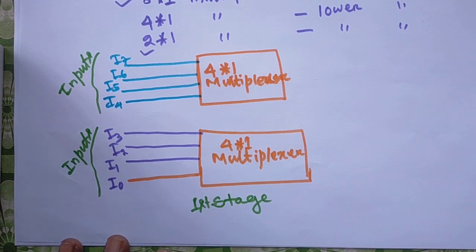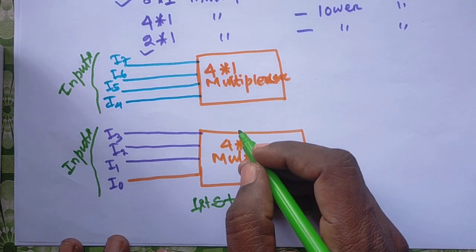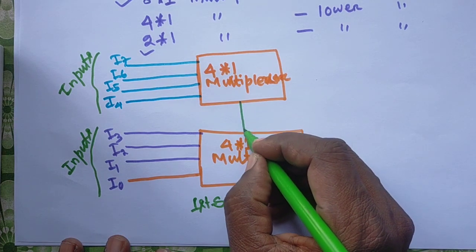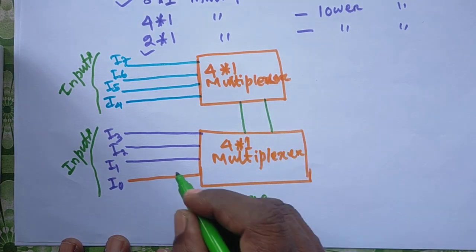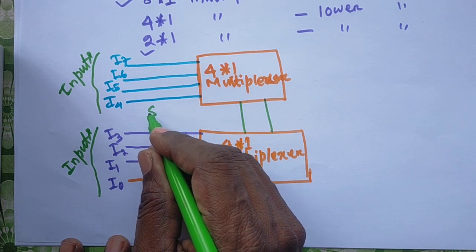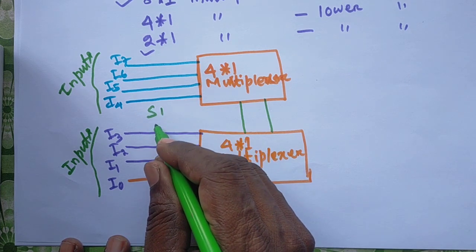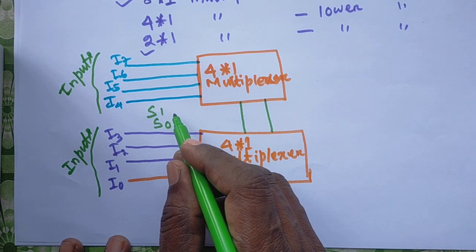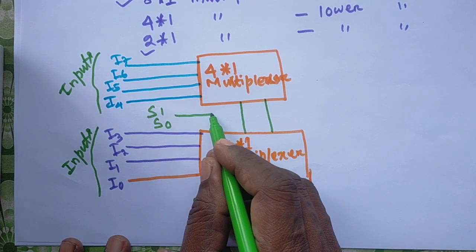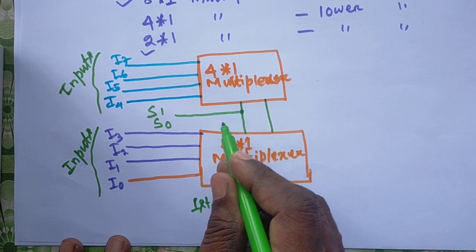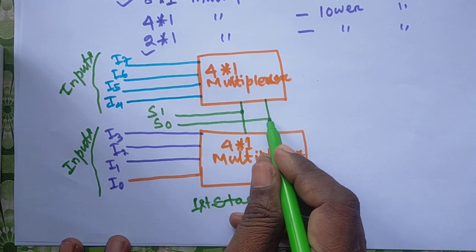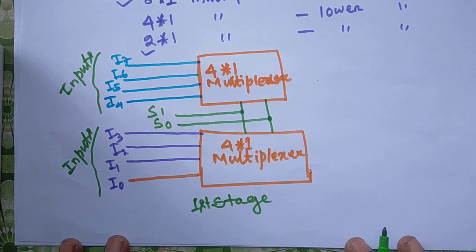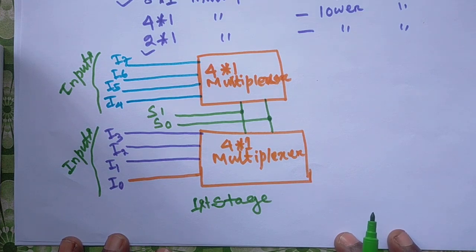So we consider 2 selectors here, S1 and S0, designed in this way.